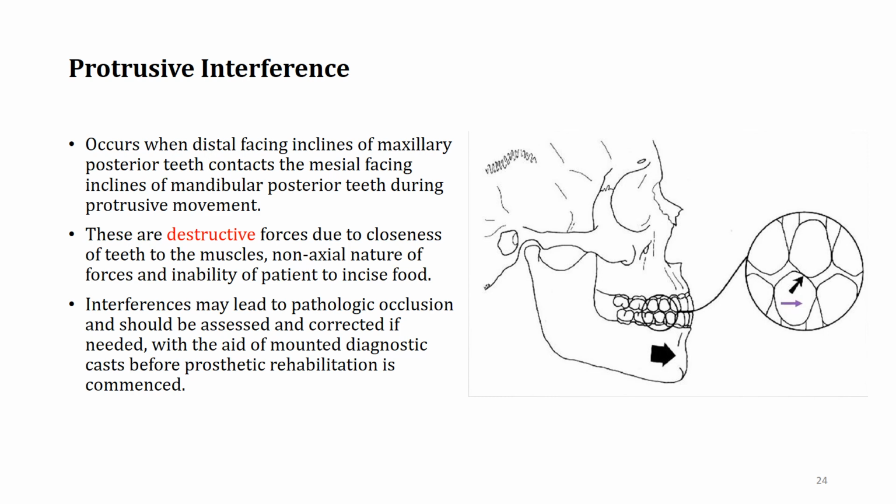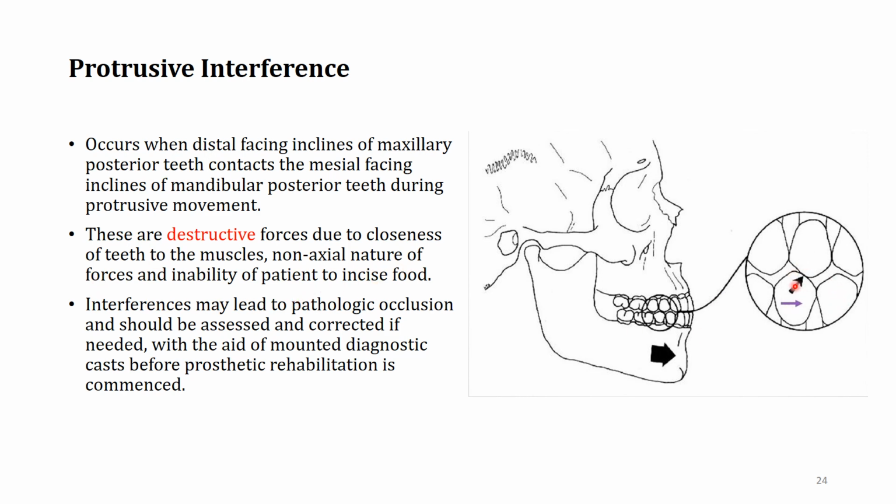So when the distal of the maxillary posterior teeth contact the mesial inclines of mandibular posterior teeth, it leads to pathologic occlusion. These are destructive forces due to the closeness of teeth to muscles, the non-axial nature of forces, and the inability of patients to incise.